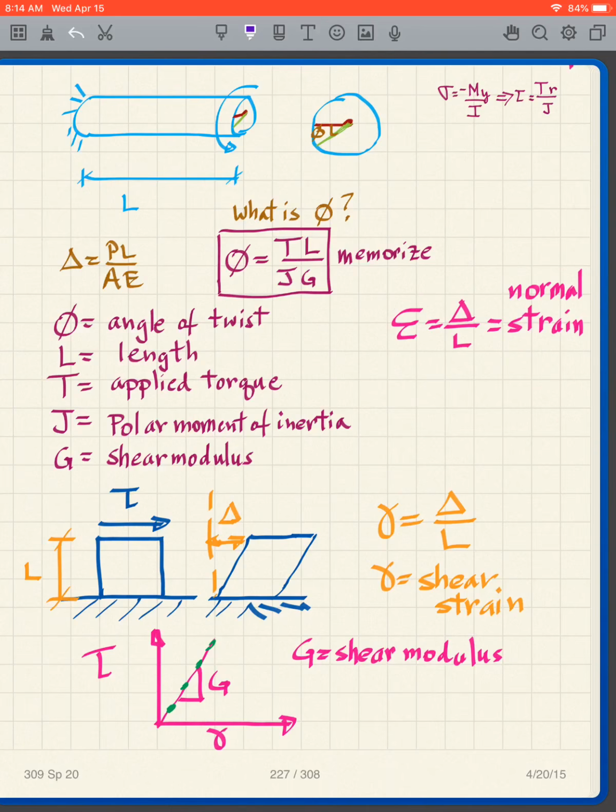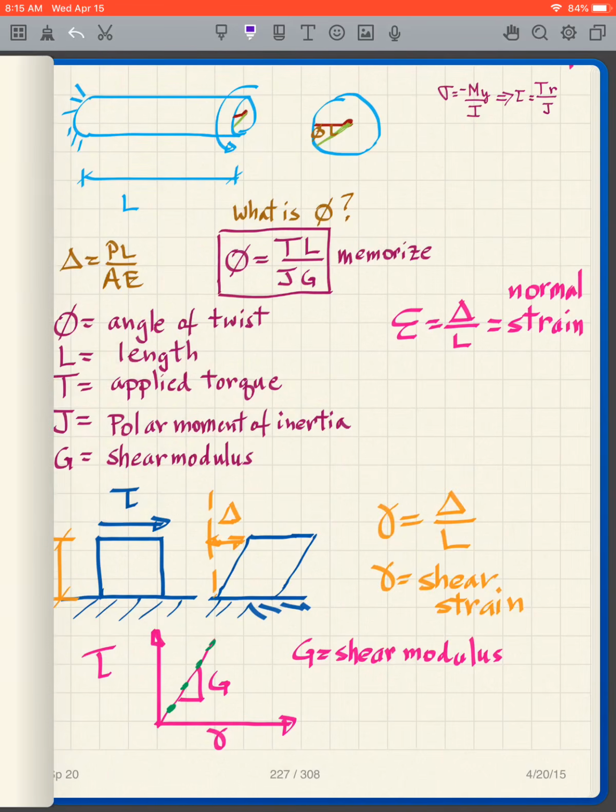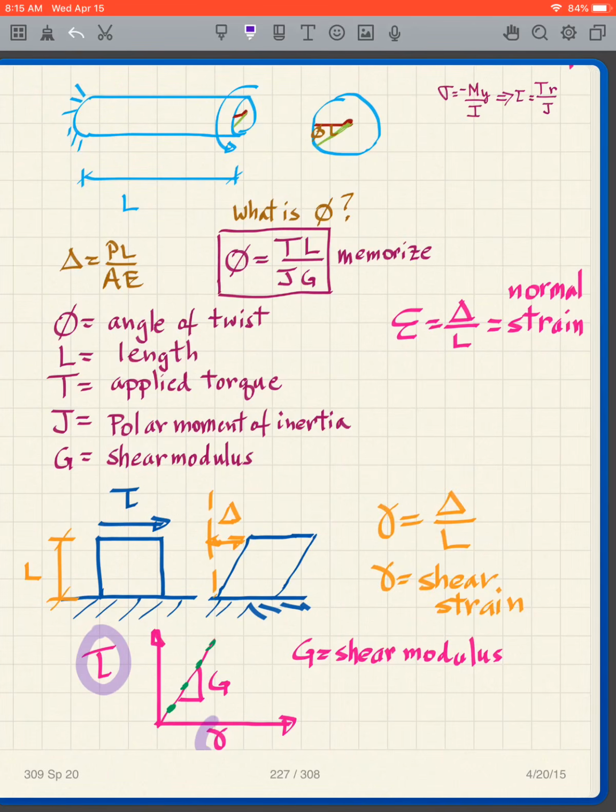So we can plot another stress-strain curve, but this stress-strain curve is shear stress and shear strain, not normal stress and normal strain. In other words, on the previous page, we did normal stress, normal strain. Here we are plotting shear stress and shear strain, and it's similar, the same result in a sense.